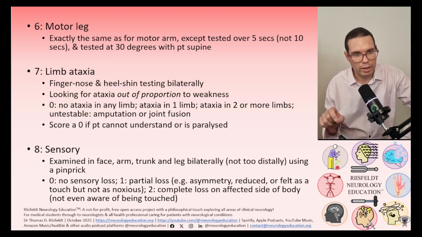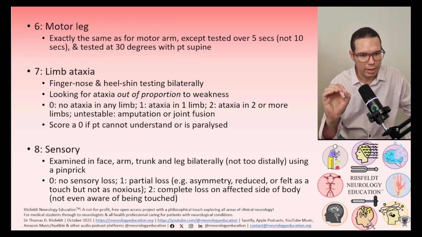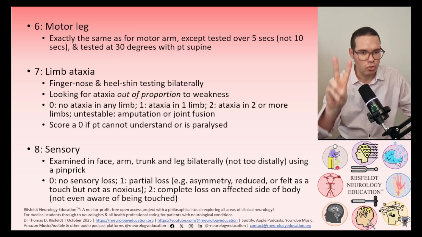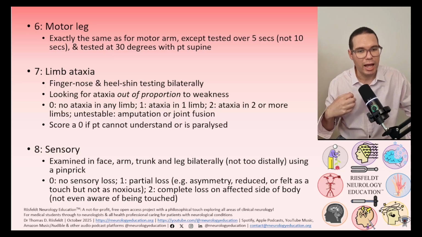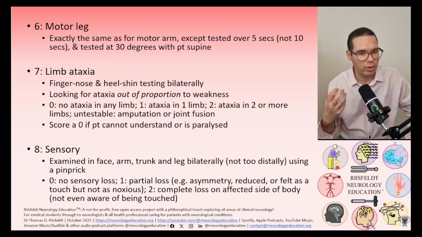Now, in terms of the scoring, it's scored from 0 to 2. 0 is no ataxia present in any limb. 1 is ataxia present in one limb. 2 is ataxia in 2 or more limbs. And untestable, again, is only really if the patient has an amputation or a joint fusion.